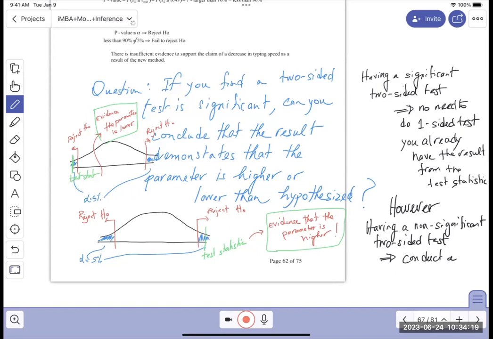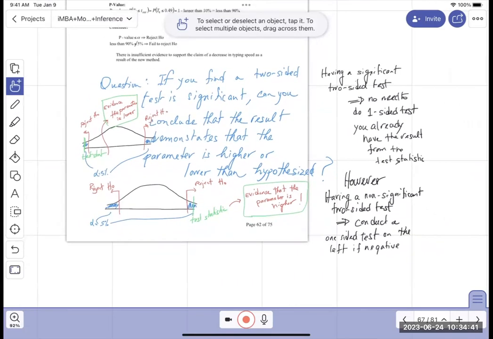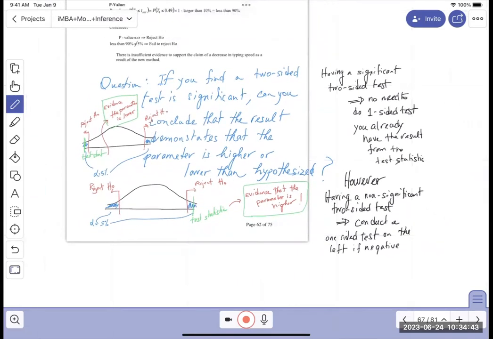But if the two-sided test is not significant, depending if your test statistic is negative or positive.